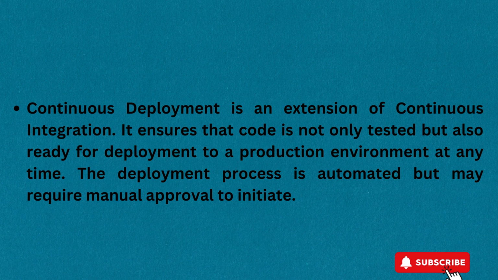So a typical continuous deployment workflow is like this. After CI process, the code is packaged for deployment. Then the deployment scripts automatically deploy the code to a staging environment. Additional testing occurs in the staging environment. Upon the approval, the code is deployed to production.